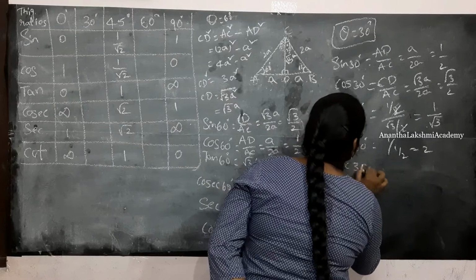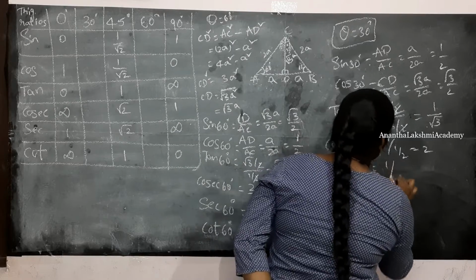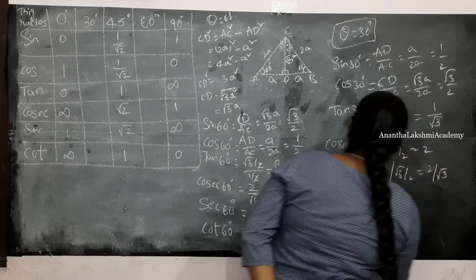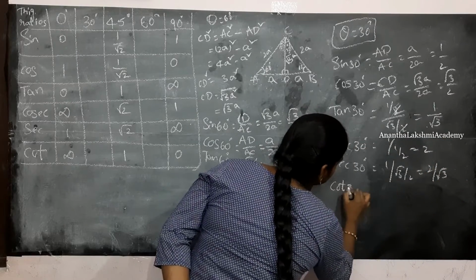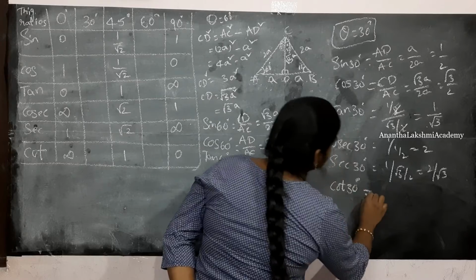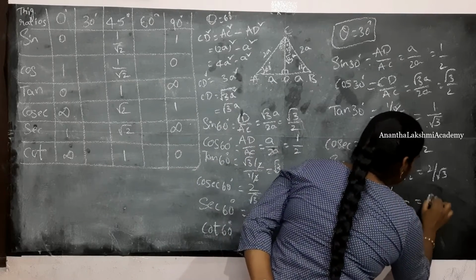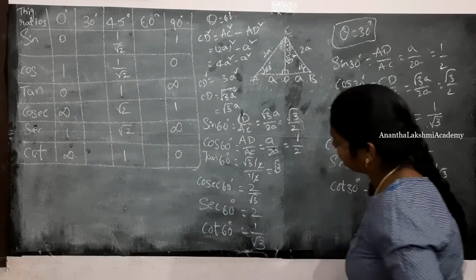Secant 30 degrees is 1 by root 3 by 2, which is 2 by root 3. And the last one is cot 30 degrees, which is 1 by 1 by root 3, which is root 3.